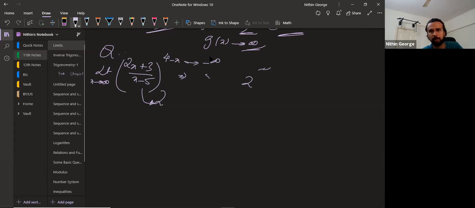So you have something tending to 2 power minus infinity, which basically tends to 0. Directly, that is the limit. It's not indeterminate. That was the catch in this. First, always check if it's indeterminate and then start solving.